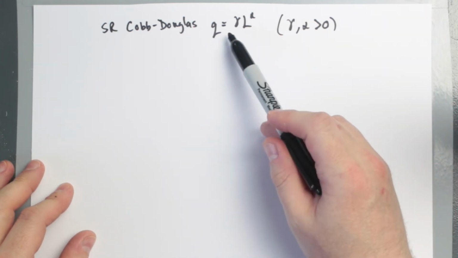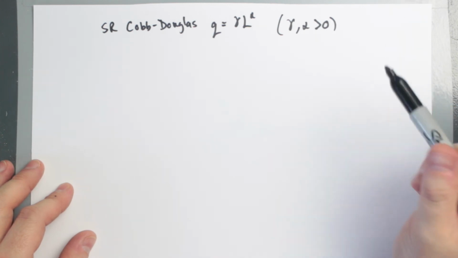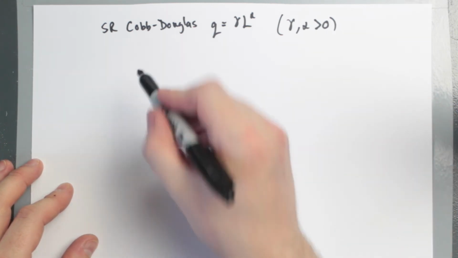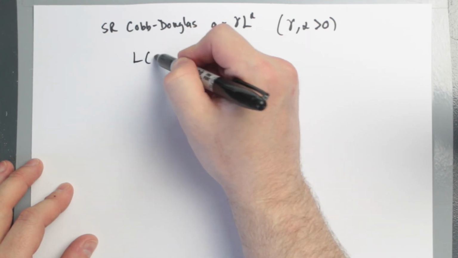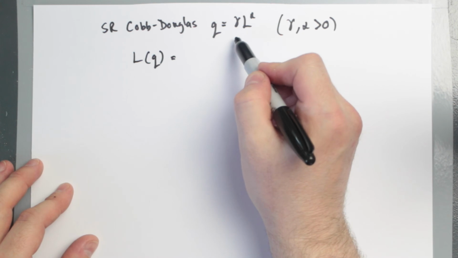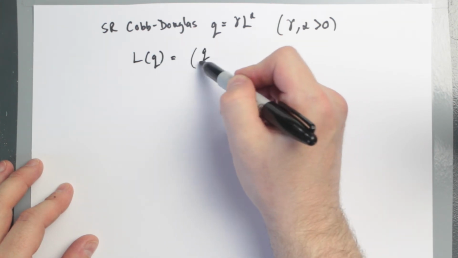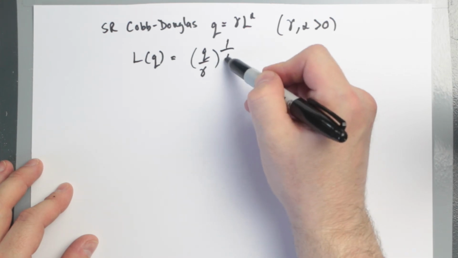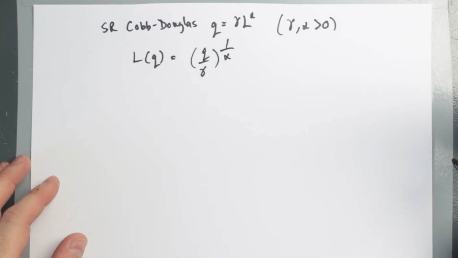And we're just writing Q equal to gamma times L to the power alpha, okay? Now, if I invert this function, if I write L as a function of Q, I would have L equal to (Q divided by gamma) to the power 1 over alpha, okay?